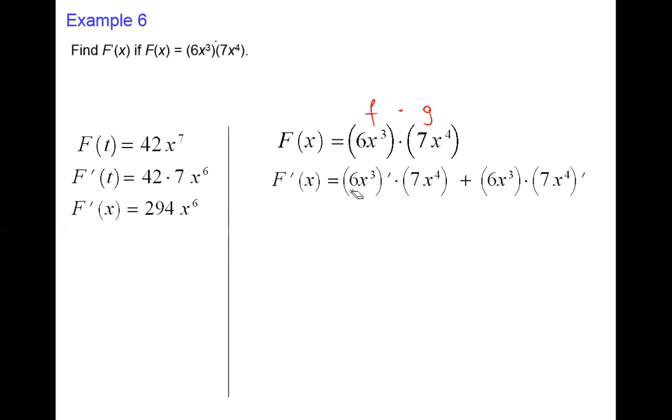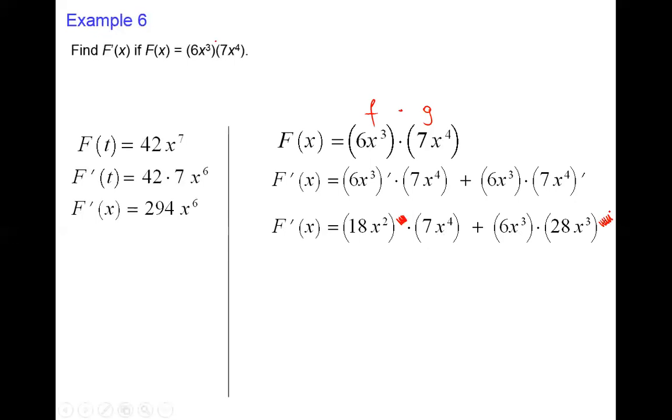That's the derivative of f times g, plus f times the derivative of g. The derivative of 6x cubed is 18x squared. Copy this function, and 6x cubed times the derivative of 7x to the power of 4, which is 28x cubed. The derivative is done.